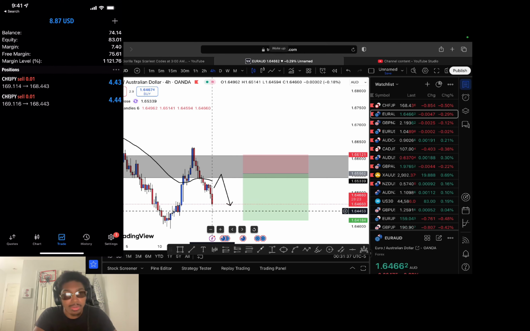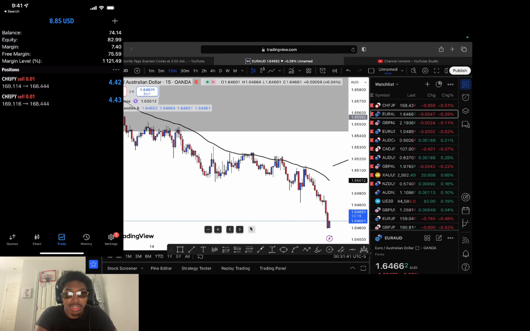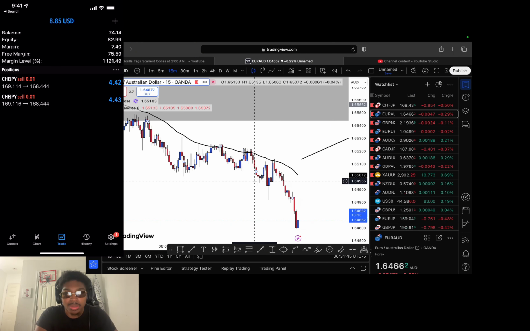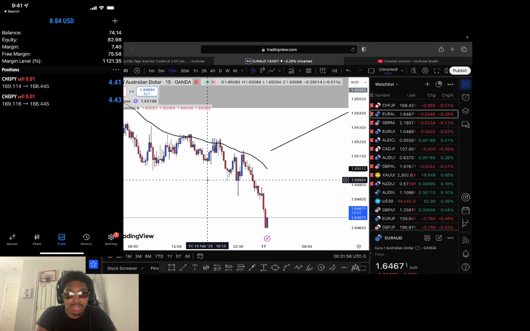Euro AUD played out perfectly. Like, if I wasn't gonna enter, I probably would have entered somewhere. The market opened here. I would have probably entered somewhere around this level. Let me make sure. Yeah, the market entered here.